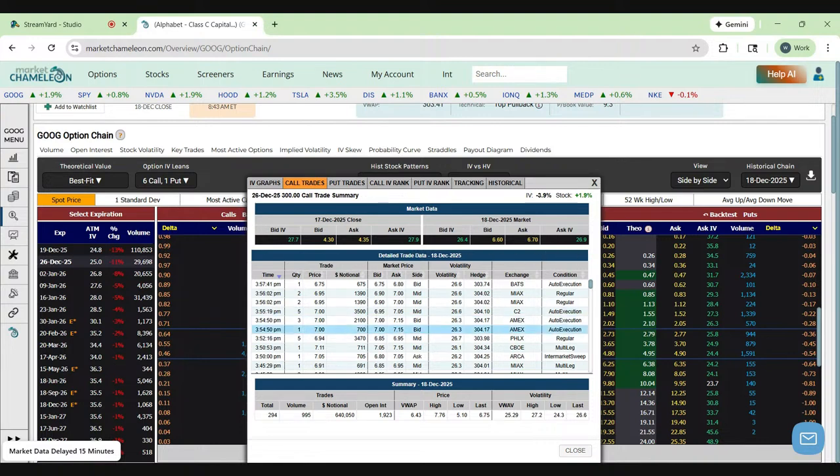So here we have the summary. The stock increased, the implied volatility decreased on this option, but the price did increase because of the delta, right? If the stock's going up and it's a call option, there was a delta, so the call option did go up, but in relative terms, in implied volatility, that decreased. So there's some premium taken out of implied volatility.